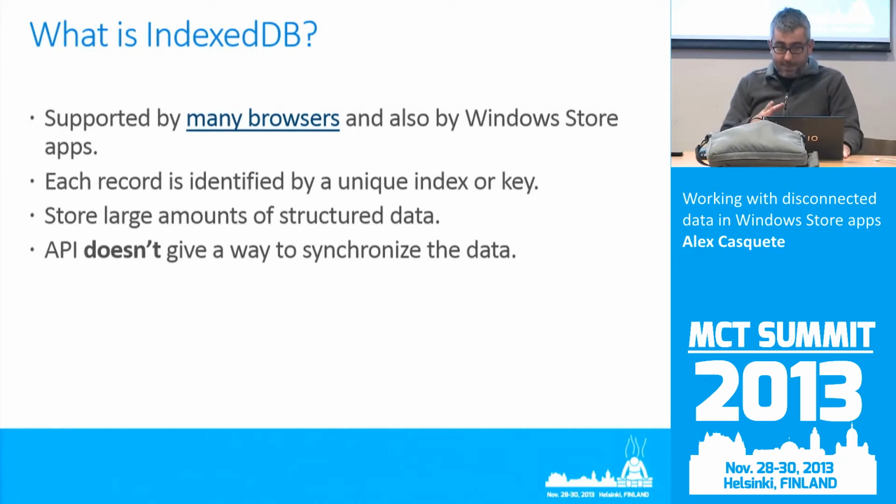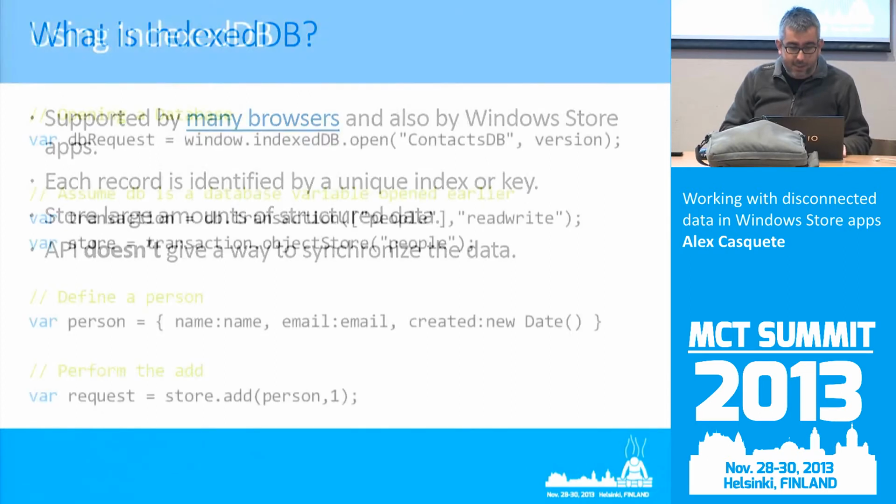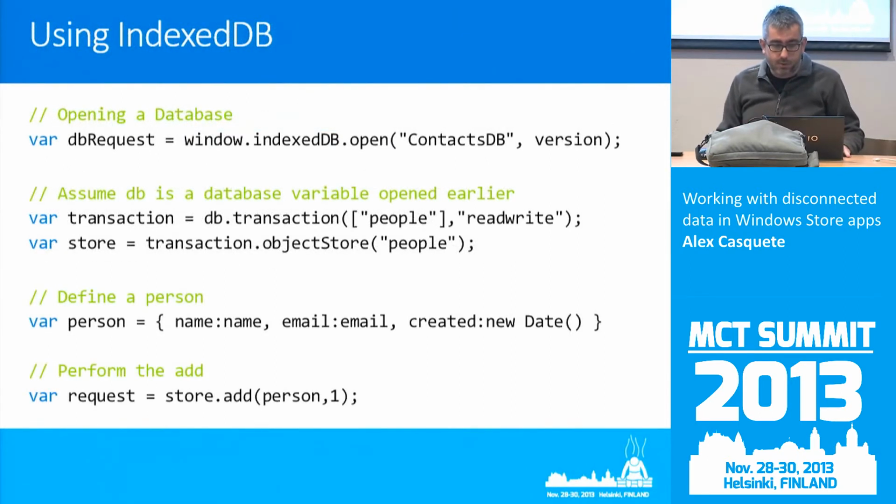This API works very well, but it doesn't give a way to synchronize with an external server. This is how to use the IndexedDB API, and it is very simple. We can open the connection to a database and create a transaction.